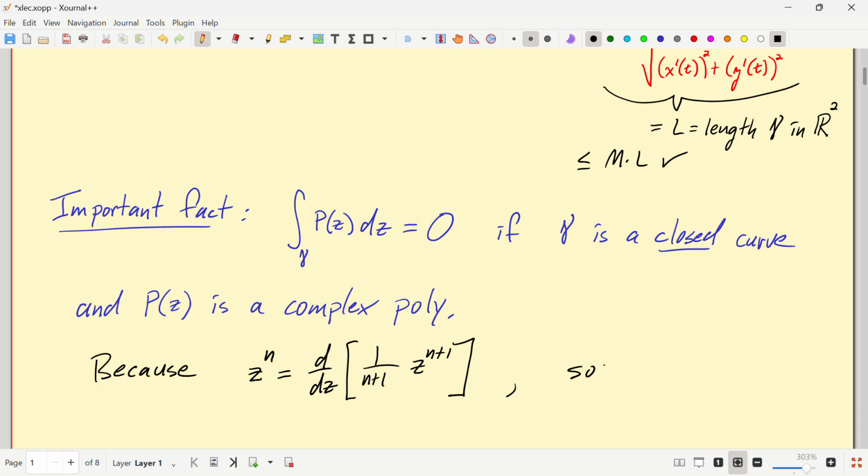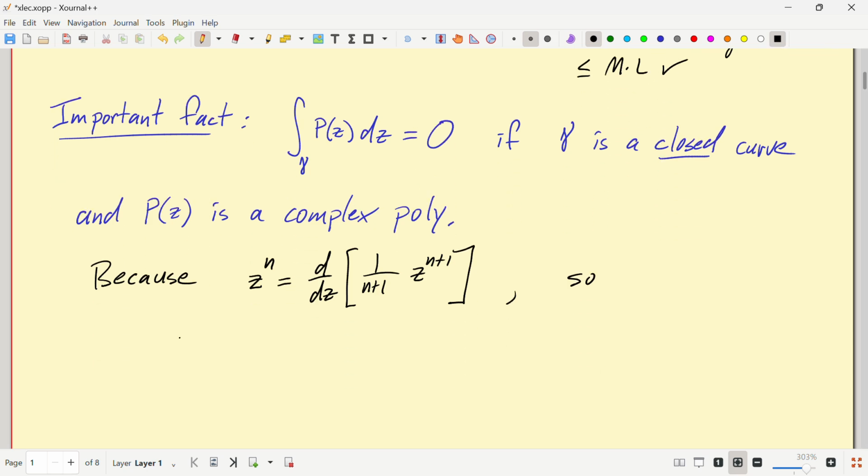And so that means the integral of z to the n around a closed contour is going to be equal to the integral of a derivative, d by dz, of this.